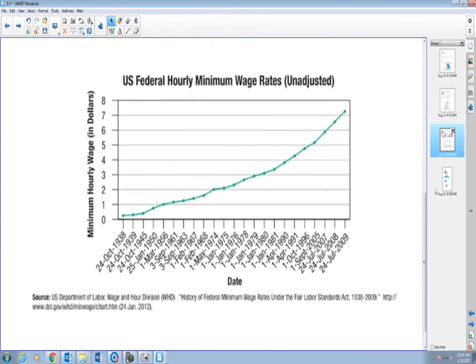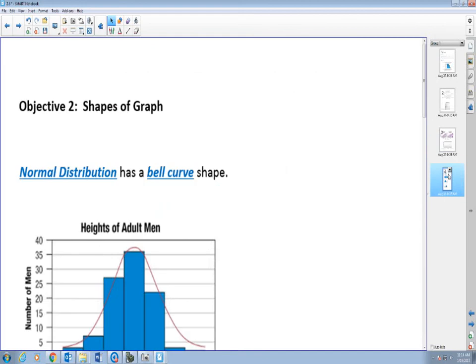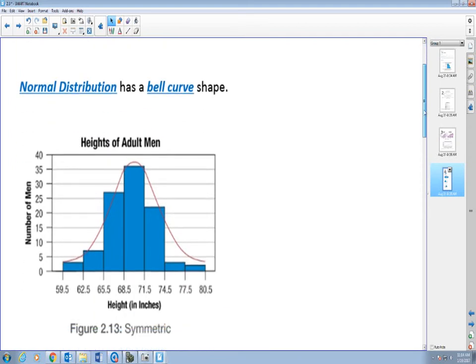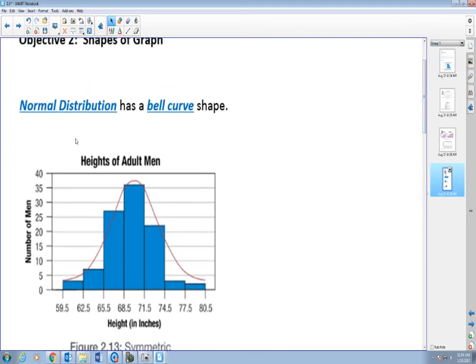Now in this particular video, what I really want to talk about is the shapes of graphs. I will begin to use this word a lot later on in the semester. It's what we so-call the normal distribution. The word normal distribution means it has a bell curve shape.